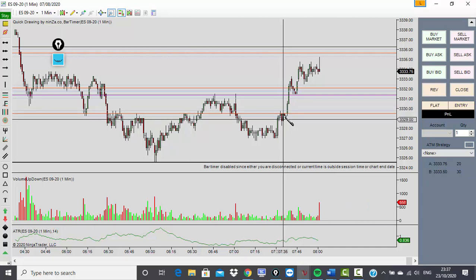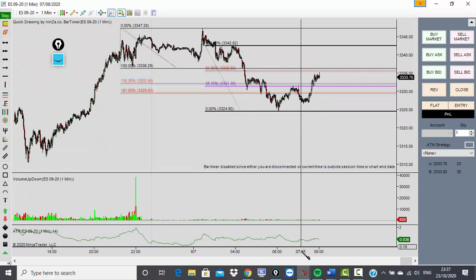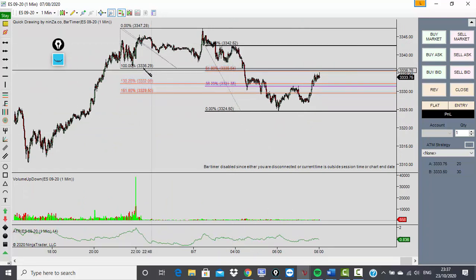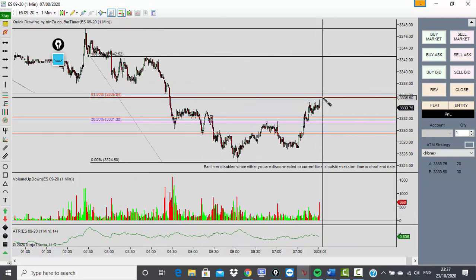That's at the zone. What would the 61.8 back be? I've measured from the last swing high inside the range down to the low, and the 61.8 is here. So that would be your target, which is just about here.